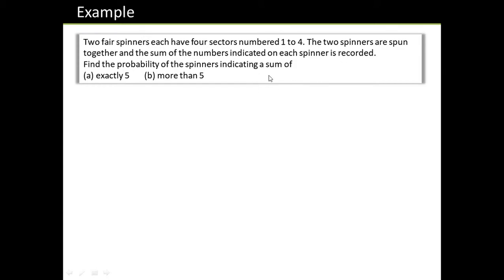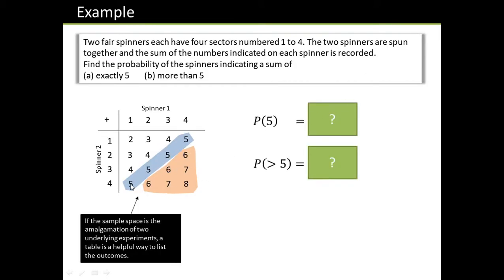Read this example, and then if you can, draw a sample space diagram and use it to calculate these two probabilities. I'm assuming you've just paused the video, and the answers you should be getting are here. For the sample space diagram, this is what it looks like.